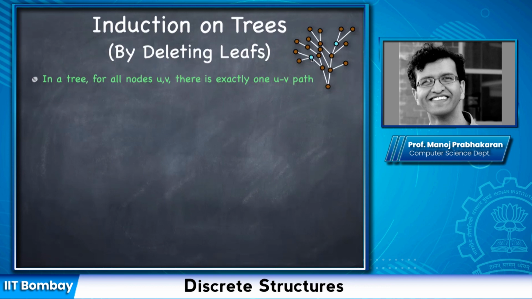So here, just to illustrate that, suppose I took some arbitrary U and V here, and you can look at the tree and see that there is indeed a path connecting these two nodes, and that's the only path. So how do you know it's the only path? Because suppose there were another path, you could see that this forms a closed walk.